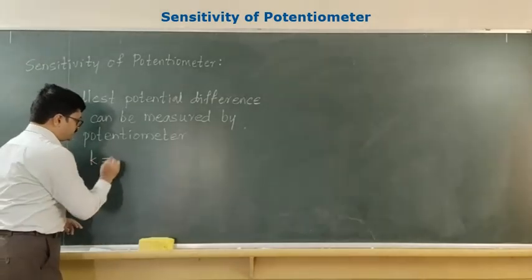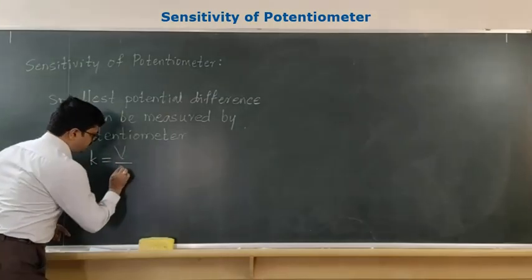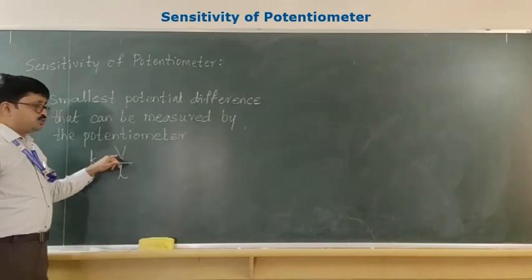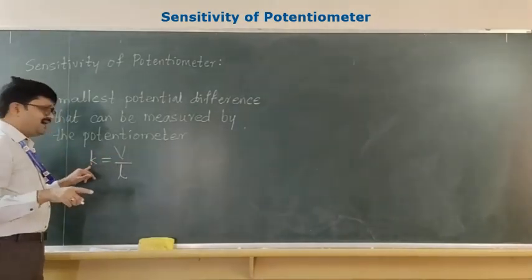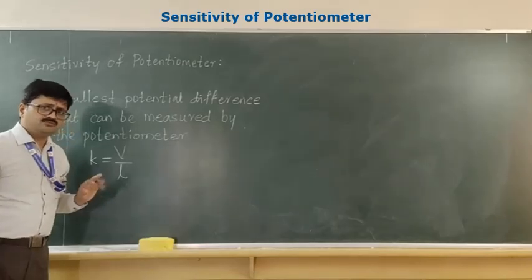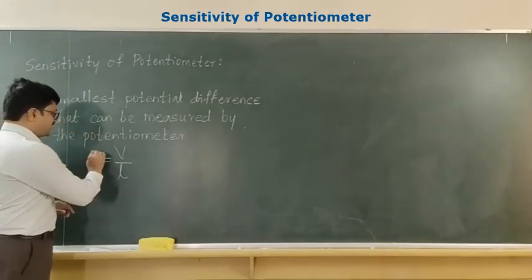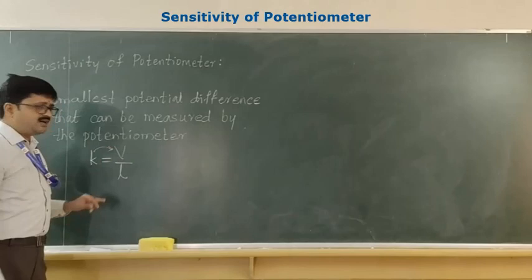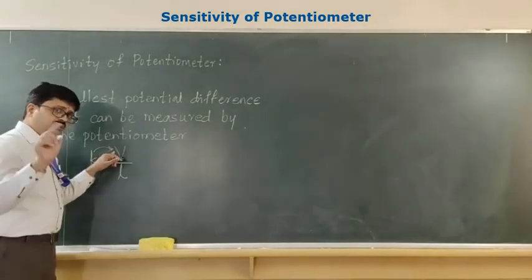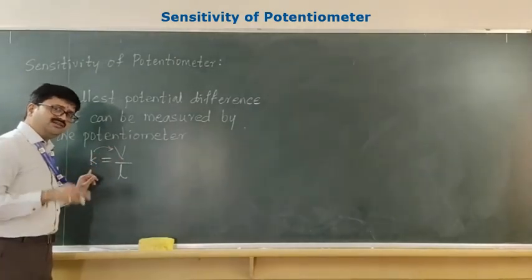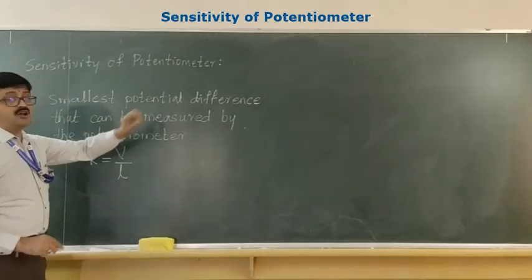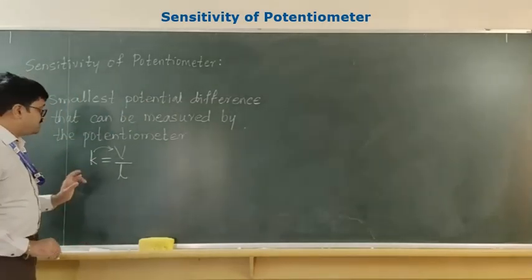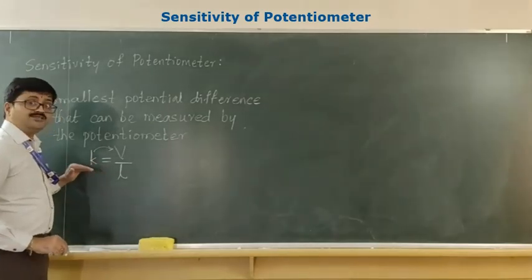K is equal to V divided by L, and to have small potential difference, potential gradient must also be small. Do you agree on that? Because K is directly proportional to V, and if V is the smallest, then K should be what? Least. So hence we can say that the sensitivity of potentiometer depends directly on potential gradient.